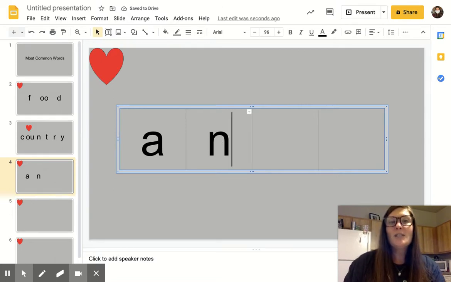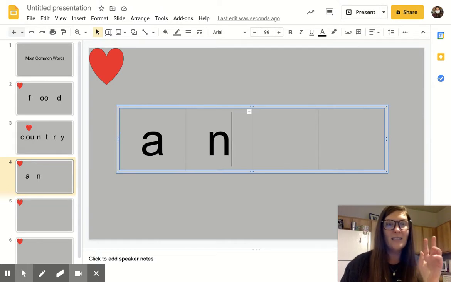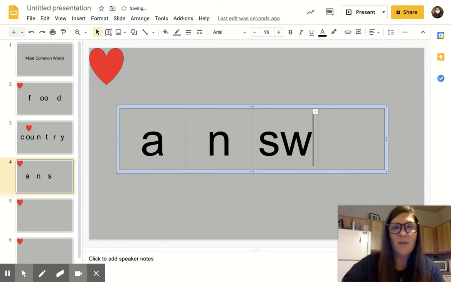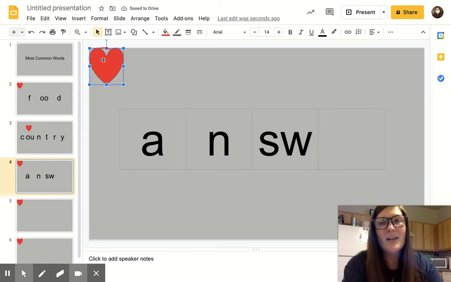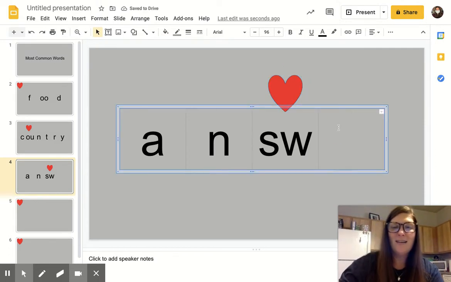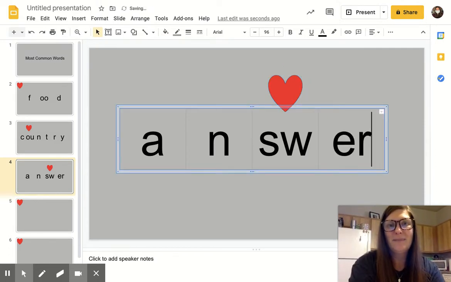And then sir, two sounds. The letter that says S is S, right? And in this word, it has a W with it. So that part gets a heart, doesn't it? And then the er sound is spelled ER at the end of answer.